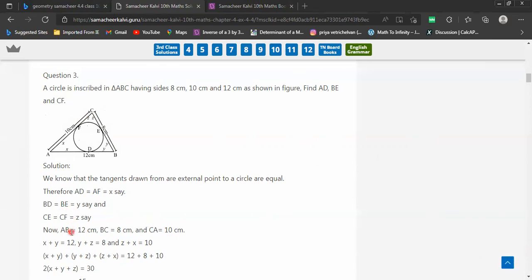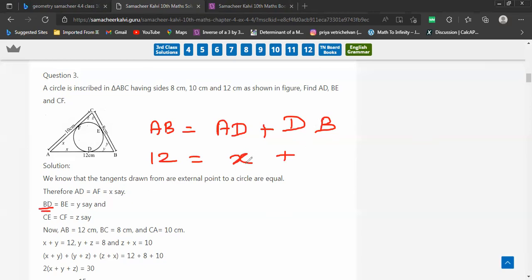So we can rewrite this. We know the value of AB, which is 12, and we can also write AB as sum of AD and DB. So AB is 12. We know the value of AD, which is X. We know the value of DB.